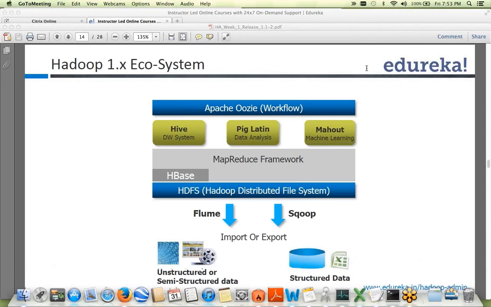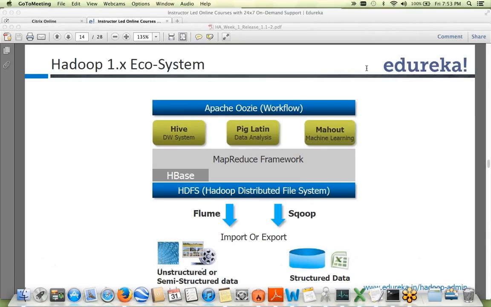So name node has a different purpose than data node. Data node, as the name says, stores the data, so it will have multiple drives storing the data. But name node will have bigger memory. It has more memory requirements than actual data requirements. So name node won't have a lot of storage, but it will have bigger memory than data nodes. Data nodes will have a lot of storage and multiple cores.